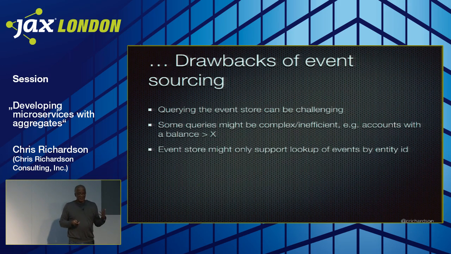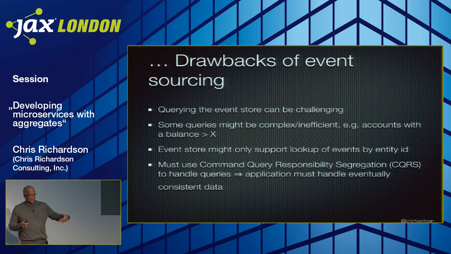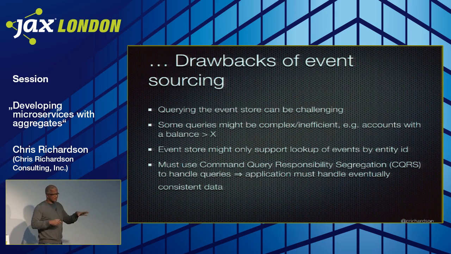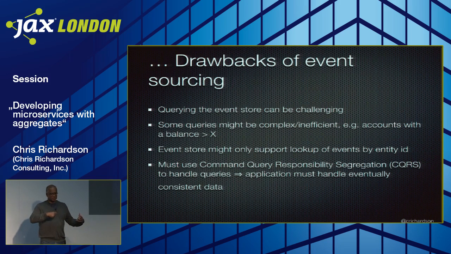So you end up having to use command query responsibility segregation, which I mentioned earlier, and maintain these denormalized representations of the data that you can then query. But for a bunch of reasons, you often have to do that in a microservice architecture anyway, because you need to do joins across multiple services, but you can't do that using SQL because the data is private to each service.